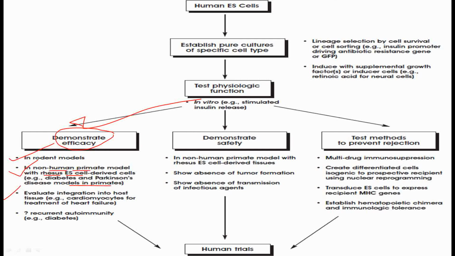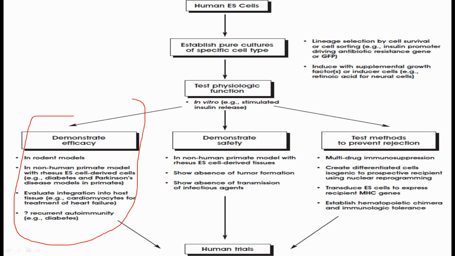Evaluate integration into host tissue, for example, cardiomyocytes for treatment of heart failure. Next will be recurrent autoimmunity. These all points demonstrate efficacy, and after the testing of this efficacy, human trials are done.